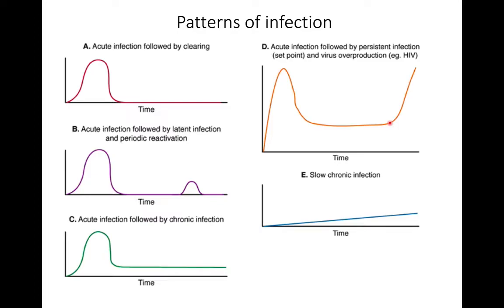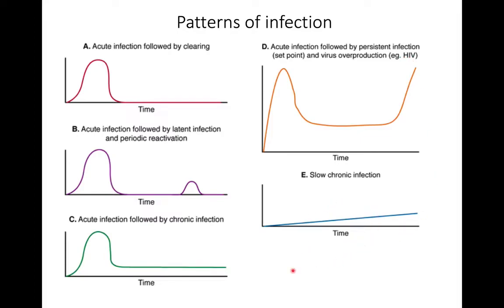And then at some point, there's some sort of switch or trigger that happens where we go from this low set point level of viral replication, and the amount of virus recoverable from the body starts increasing again. And as that increases, symptom severity increases too. The prime example of one that has an acute infection, followed by a set point persistent infection, and then ramping back up, is HIV.